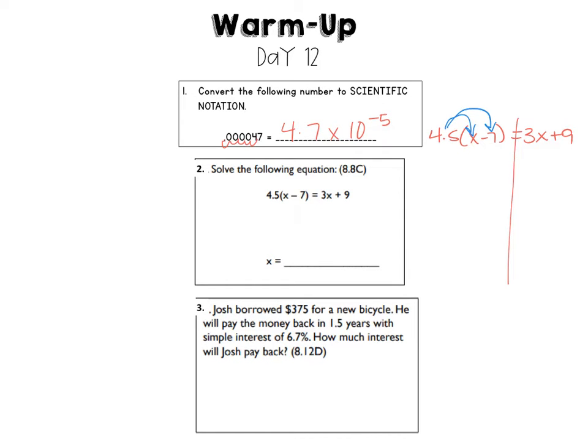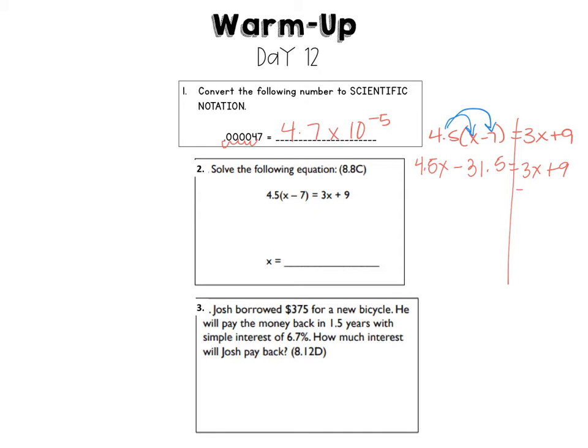Now, when I do that, 4.5 times x is going to give me 4.5x. And 4.5 times 7 is going to give me -31.5. And then on the other side, I'm just going to copy down what that expression is.